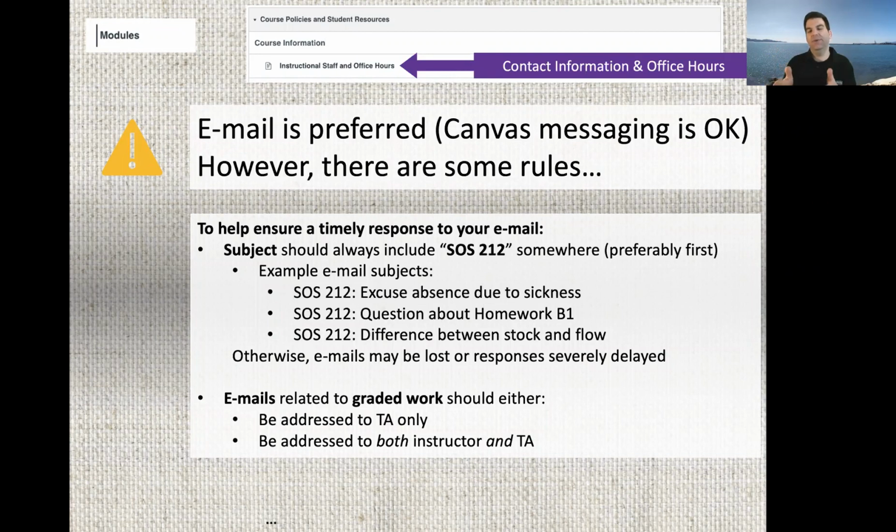That helps me find your emails and zoom in on them so that I can get back to you within a very short period of time. I get a lot of other emails from my grad students, from spam, from mailing lists, from committees, and a lot of those things can sit a little bit longer, but I want to make sure I get back to you in a timely manner, and you can help me with that by putting SOS 212 in the subject of your messages. So that's very helpful.